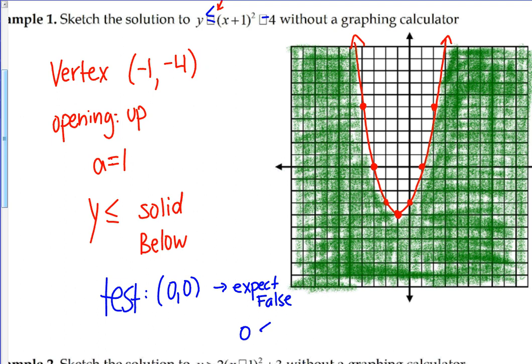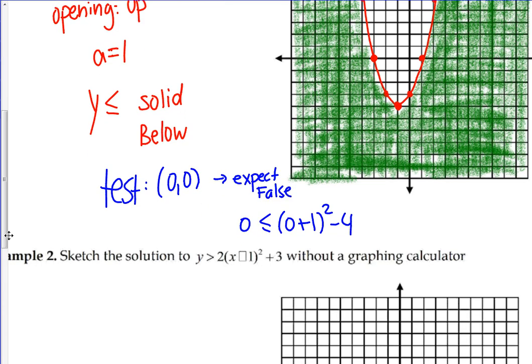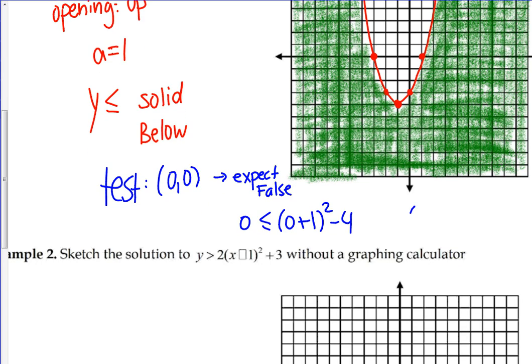Is 0 less than or equal to (0 plus 1) squared minus 4? Well, that translates to 0 has to be less than or equal to 1 minus 4, negative 3. Is 0 less than or equal to negative 3?